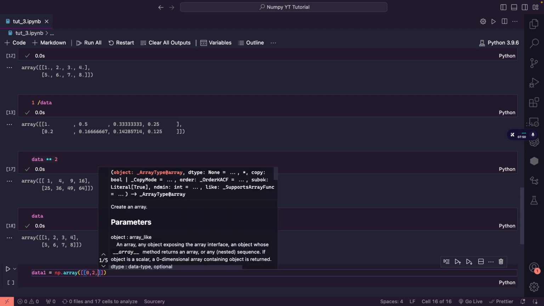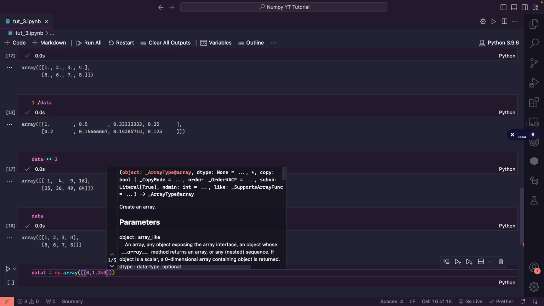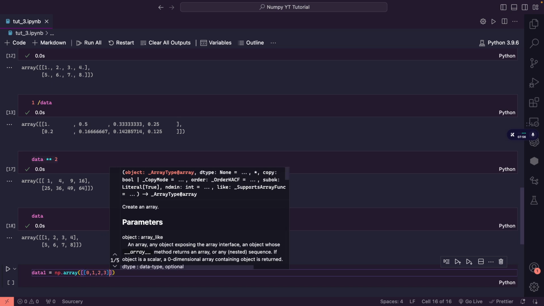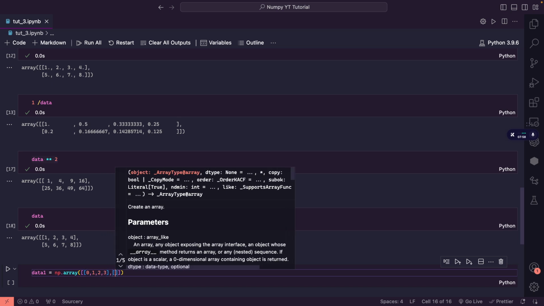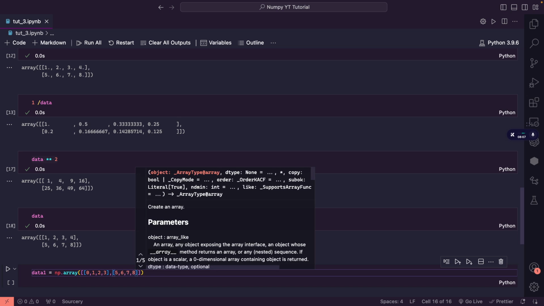So 0 1 2 3. And for the second array, we will keep it the same, 5 6 7 and 8.